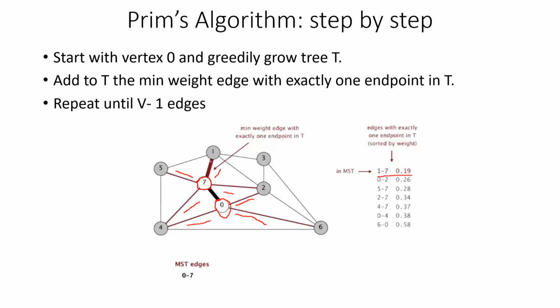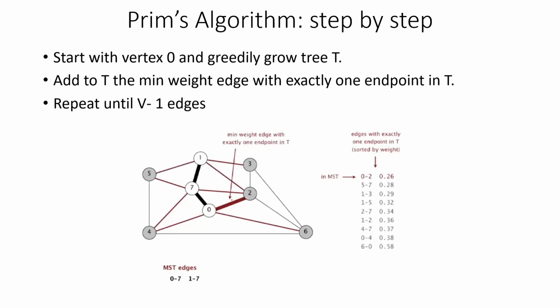So we add this edge and this vertex into our minimum spanning tree. Then we consider all the edges connected to 1, 7, and 0, and take the edge with the minimum value, which is between 0 and 2. We add this edge and this vertex into our minimum spanning tree.